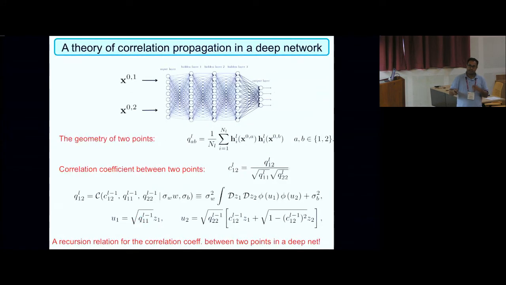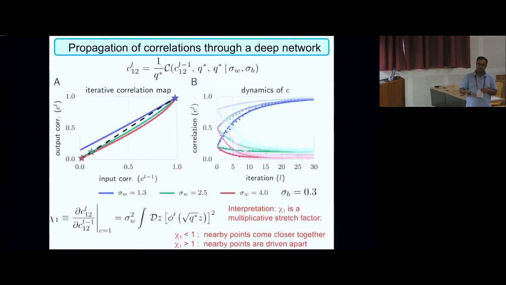Depending on the standard deviation of the weights and the biases, the correlation coefficient can be driven up as a function of depth or driven down. The solid curves are the theory, the dots are numerical simulations, and they match up nicely.